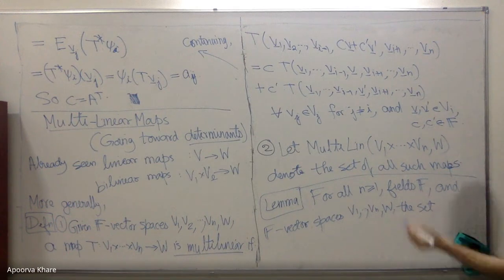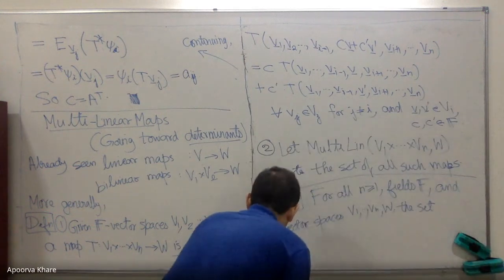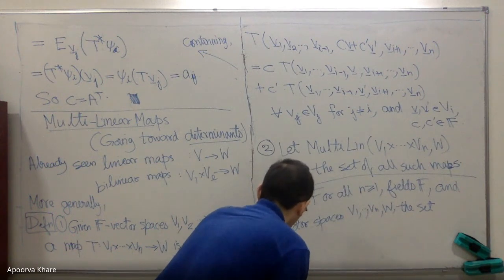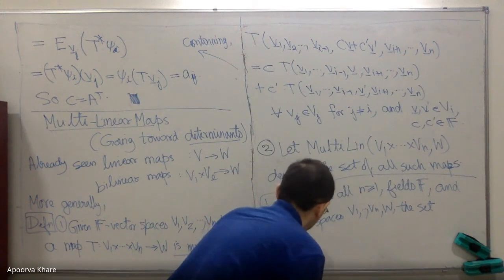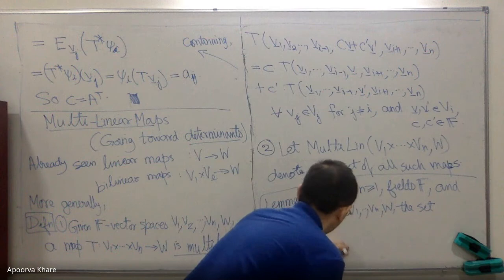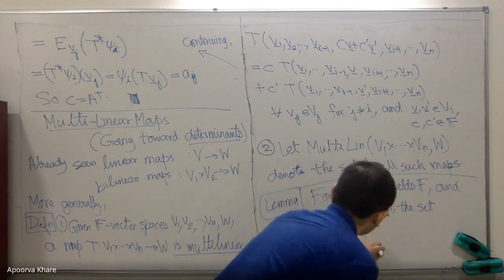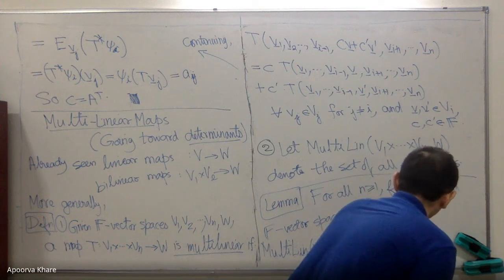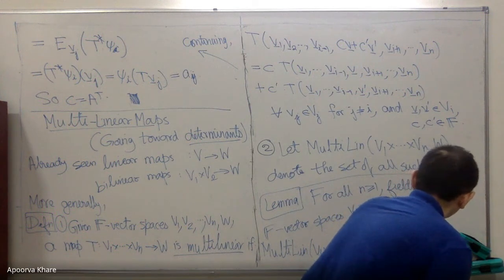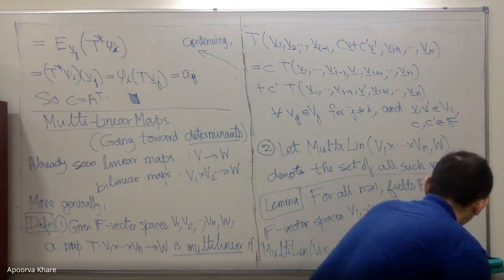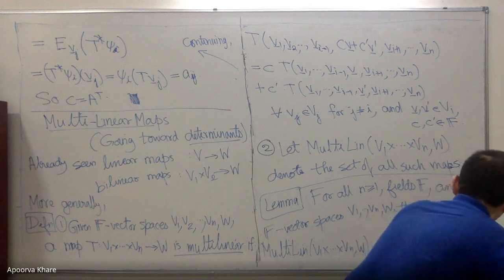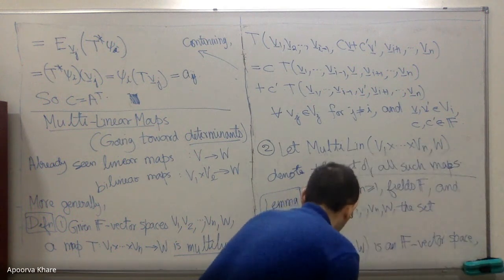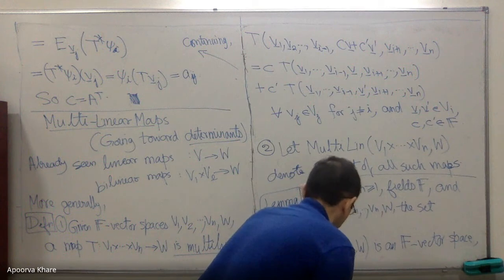the set multilin of V1 cross V2 cross Vn, and W is an F vector space. Let me just say here under pointwise operations.